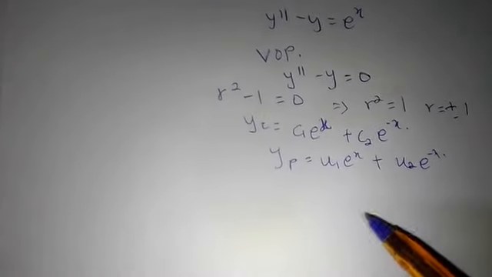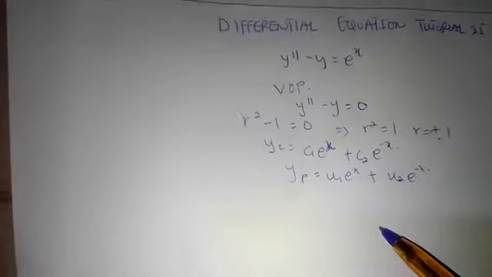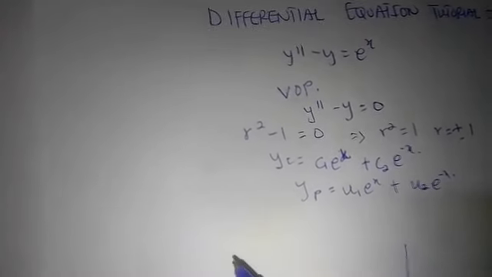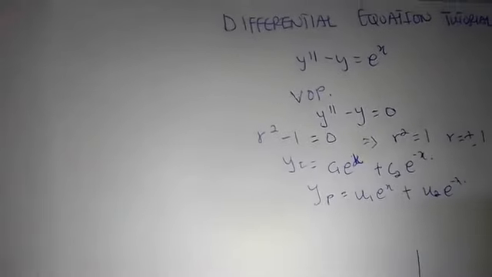Let me divide my workspace so that I have some space too. Once I have this, how do we find u1 and u2?